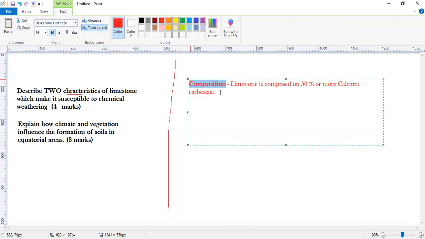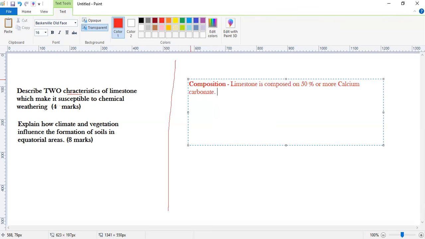but we want to say a little bit more. We want to link it to why, even though it's a description, we still want to show why this particular characteristic would result in increased chemical weathering.